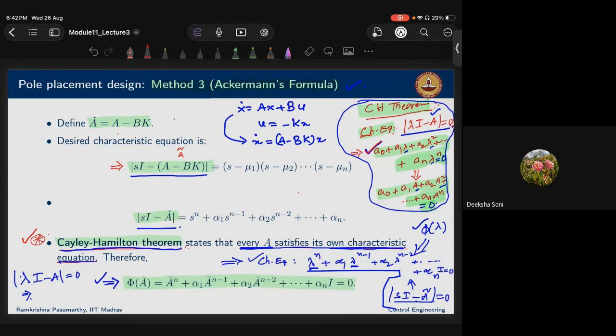Replace that lambda with the A matrix and do all the calculations, and you'll get 0 only. It means that the Cayley-Hamilton theorem says every matrix A satisfies its own characteristic equation. That is the main point. Any doubt here on the Cayley-Hamilton theorem?